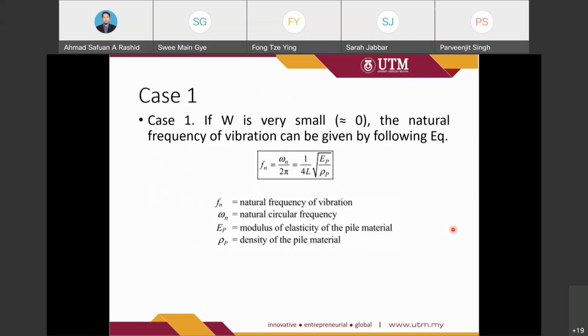Fn, the natural frequency of vibration, equals omega n over 2 pi, equals 1 over 4L times the square root of Ep, the Young's modulus of elasticity of the pile material, over rho p, the density of the pile material. So we may use this equation to determine the natural frequency of the pile for case number 1.